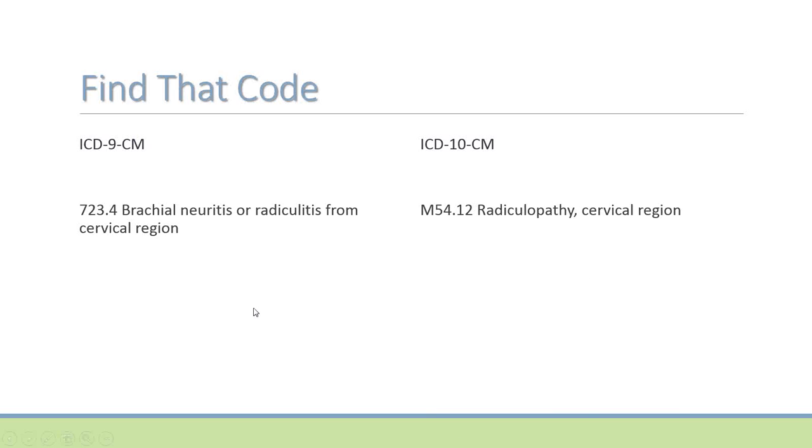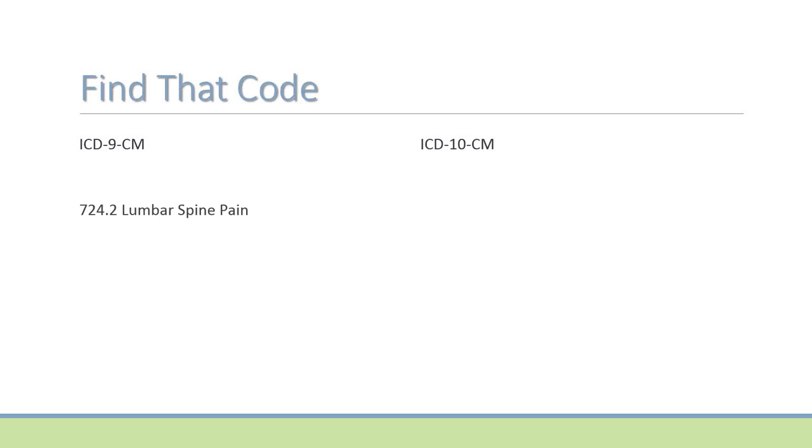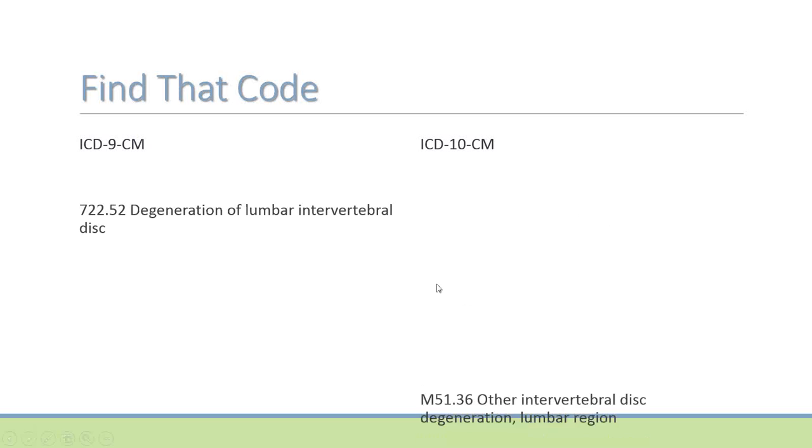Even going back to ICD-9, this doesn't even really specify the cervical region. In ICD-10, is it upper cervical, mid-cervical, lower cervical? Lumbar spine pain carries over to M54.5. Muscle spasm. Degeneration of lumbar intervertebral disc.